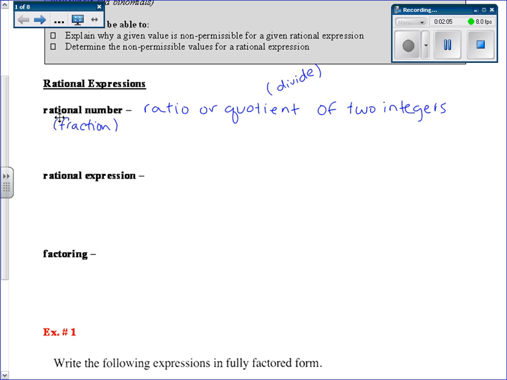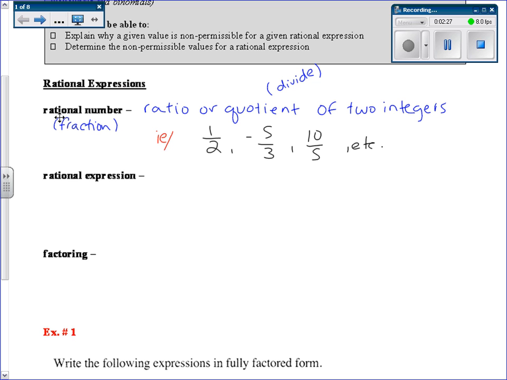Some examples of rational numbers, we've had some examples in the last unit with probability. We worked with fractions. So 1 over 2, negative 5 over 3, 10 over 5, and so on. Those are rational numbers.